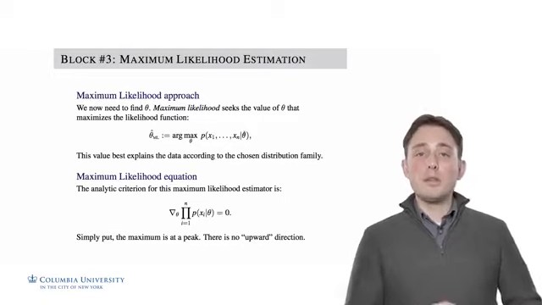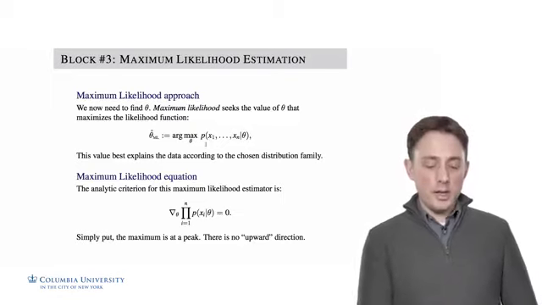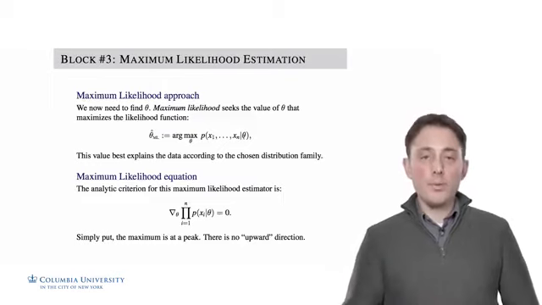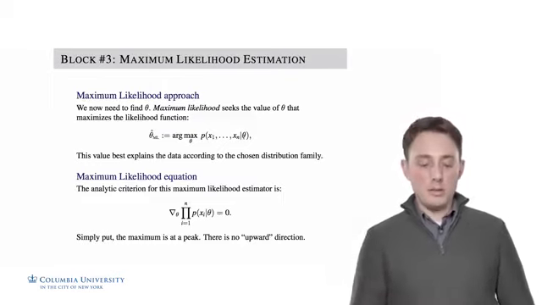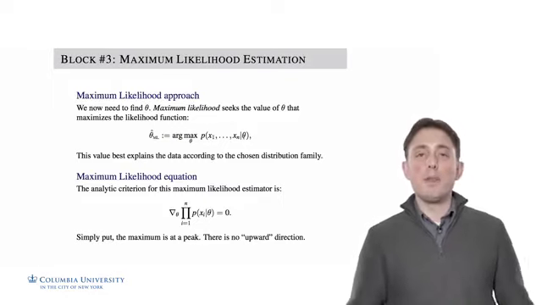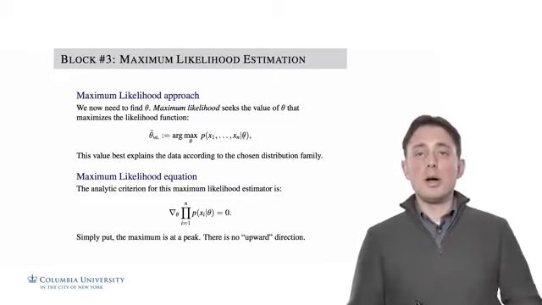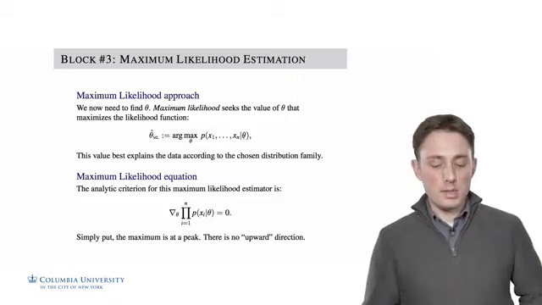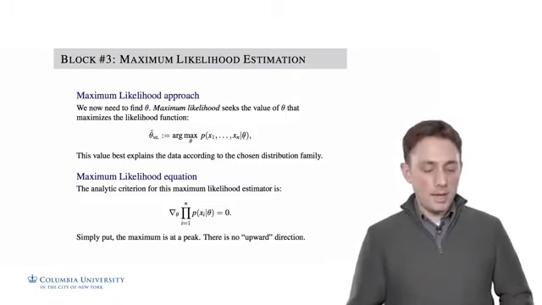And maximum likelihood simply says, if each evaluation of this function for a particular theta says how likely the data is given that value, we simply want to find the value of theta that maximizes the likelihood. We want to find a value for theta that says that this data set is the most probable from a multivariate Gaussian having this parameterization. So in a sense, we're fitting the data that we have the best.